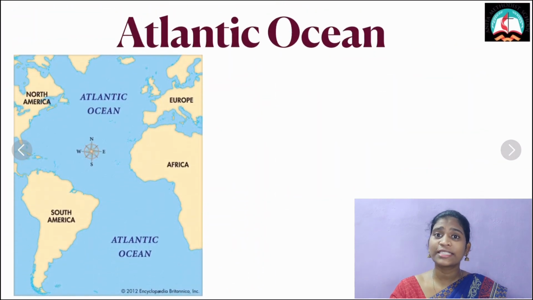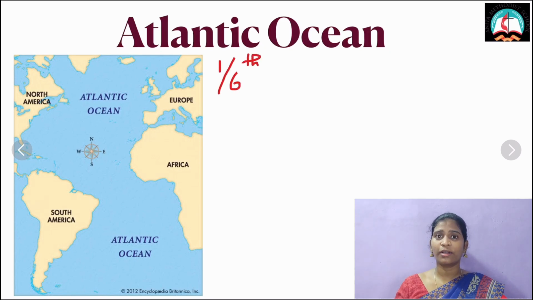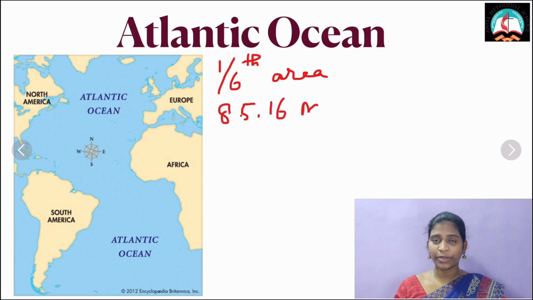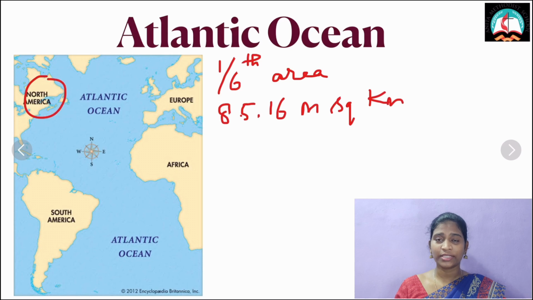The Atlantic Ocean is the second largest ocean on Earth. It covers 1/6 of the Earth's total area and spreads for about 85.13 million square kilometers. It is bounded by North America and South America in the west and Europe and Africa in the east.